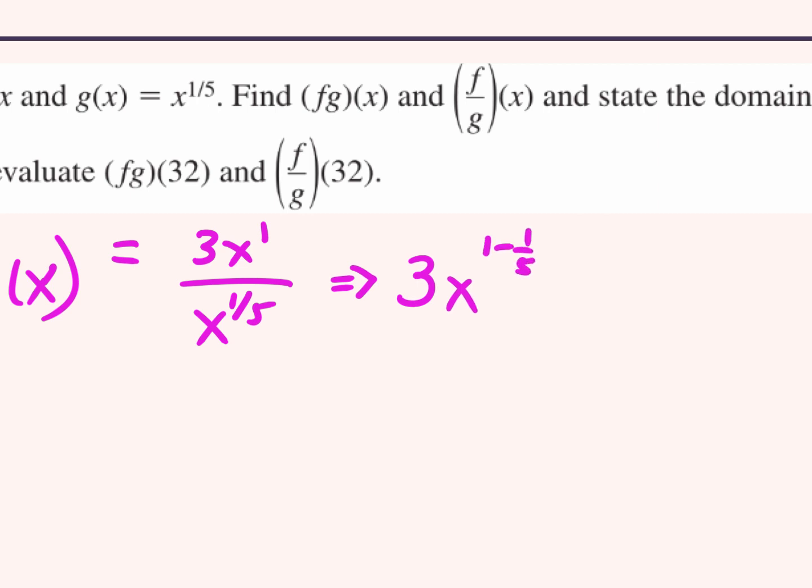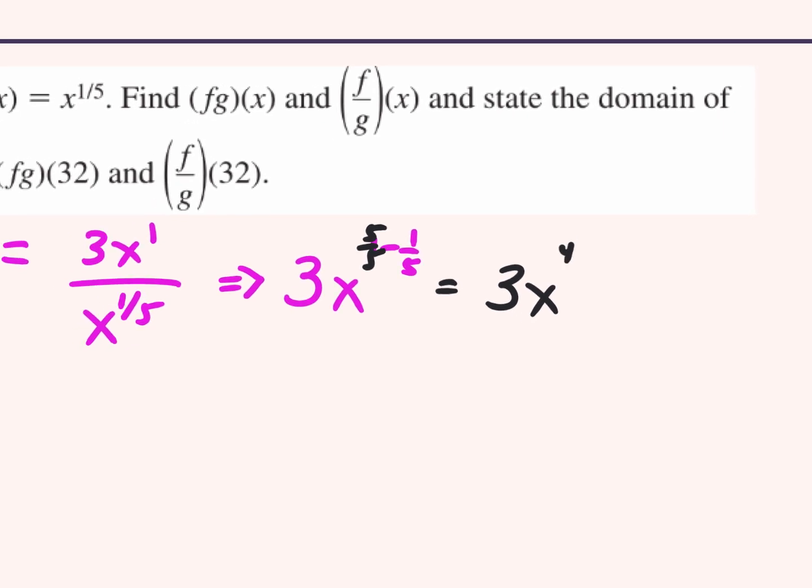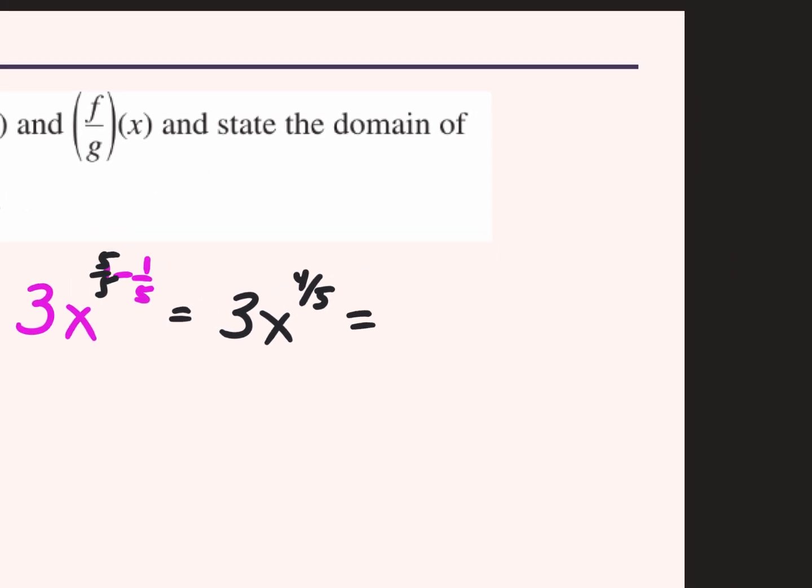What's another way I can write the whole number 1? 5 over 5. Good. So this becomes 3 times x to the 4/5 power. Correct? All right. What's another way we could write that? 3 times the 5th root of x to the 4th. You guys agree? Okay.